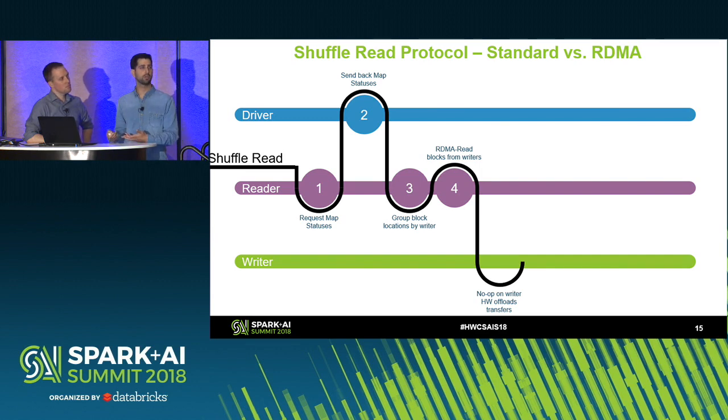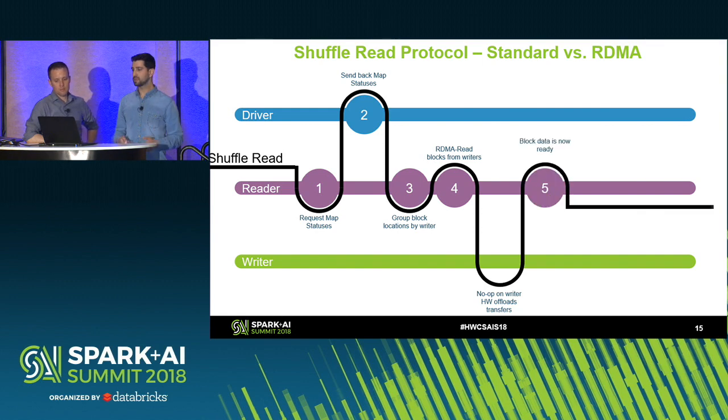Because we already have the remote address, we can just read from it, and RDMA reads are operations which are entirely offloaded by the hardware. In this case, it basically removes all of the computations or software stages that have to go through the writer once we fetch data. And this is where the data starts coming in, and we can continue with the computation phase.